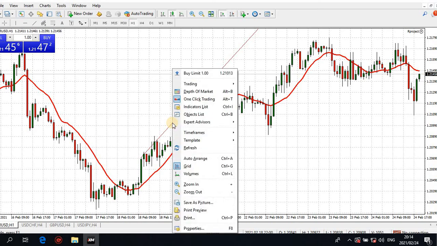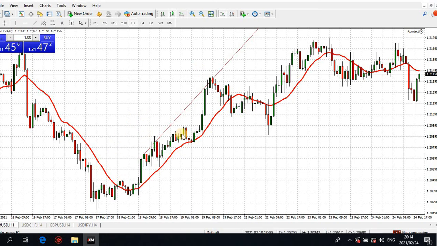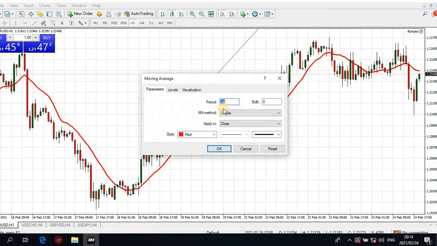And the funny thing about this trend line is that the information here is not stored. But this indicator, as it moves, the information here and here is already inside this indicator.